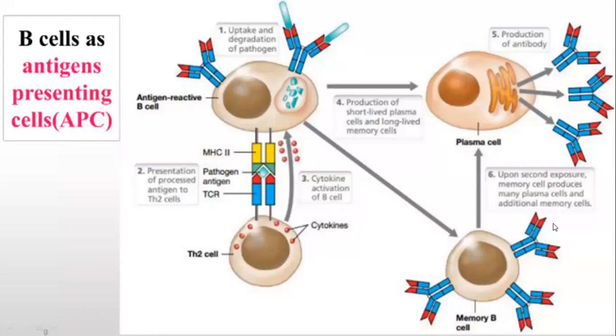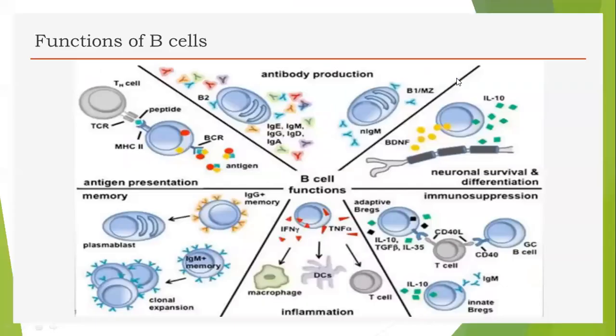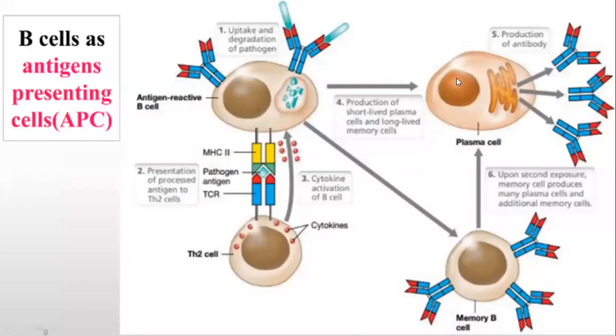So it is quite important to understand that once these memory B cells are generated, on re-exposure they are able to differentiate into effector cells, which can then handle the particular antigen or infection that is presented to the immune system.